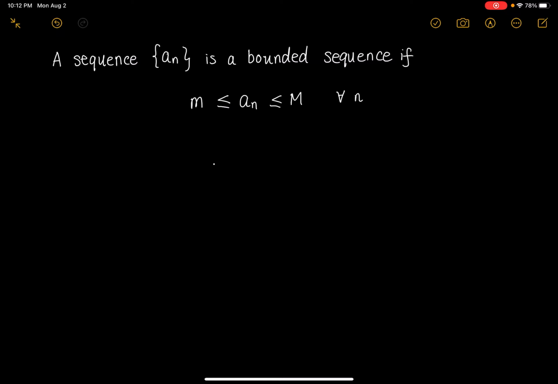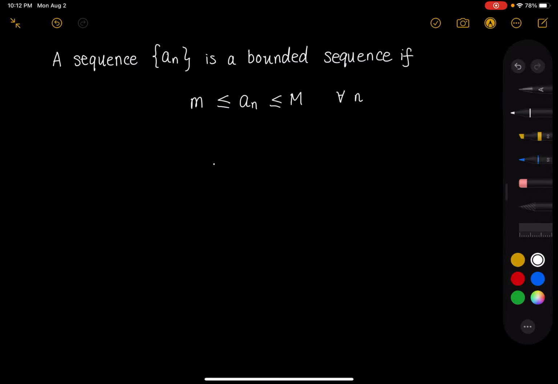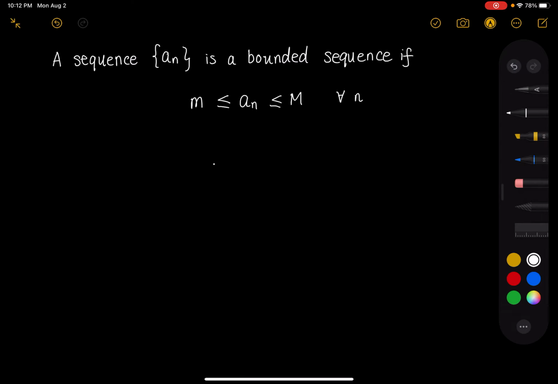Similarly, if there exists a number capital M such that a_n is less than or equal to capital M for every n, then it's bounded above. Sometimes we will call little m a lower bound.